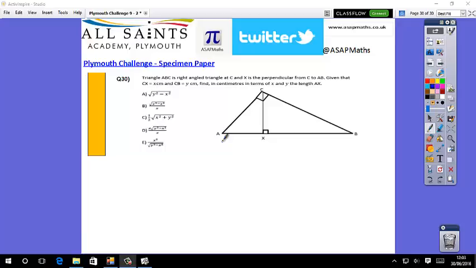So I've got that CX is X centimetres, and I've got that CB is Y centimetres. Okay, and looking at these, they are all similar triangles. So let's get this third side of the triangle, because then I've got one triangle where I know all three sides.